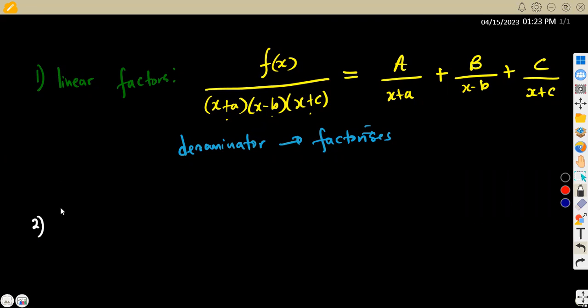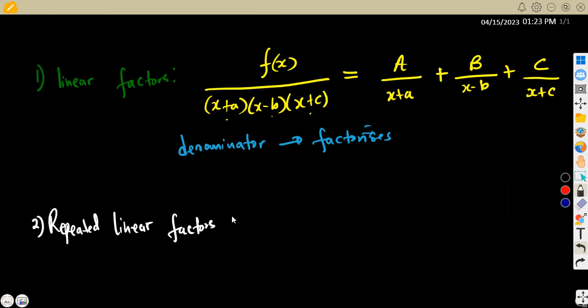What about if we are dealing with repeated linear factors? What are the repeated linear factors? I'm going to pose examples later on. So we've got repeated linear factors.